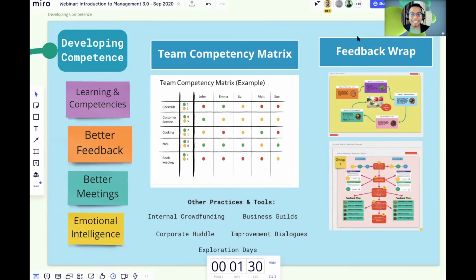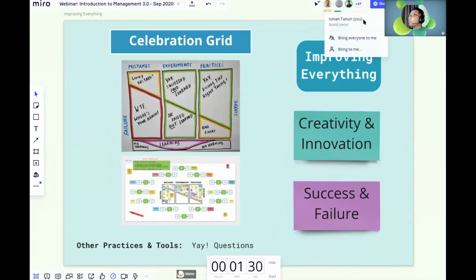So we make it as clear as possible where the gaps are and where we are good, so that we can improve the team. There's also a technique called feedback wrap, which is an upgrade on the feedback sandwich you might have heard of. I believe the feedback wrap is much better than the feedback sandwich. I'm moving along on Miro, so I'm going to bring you along with me.